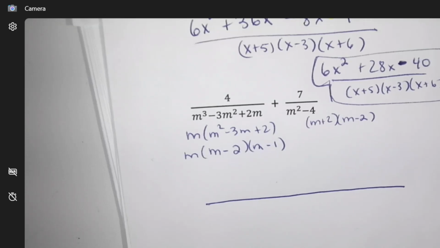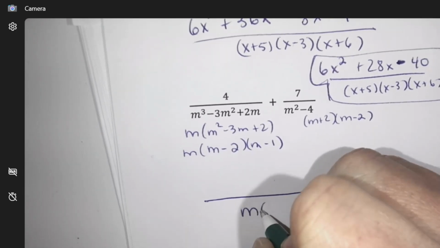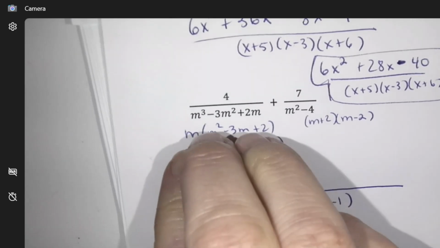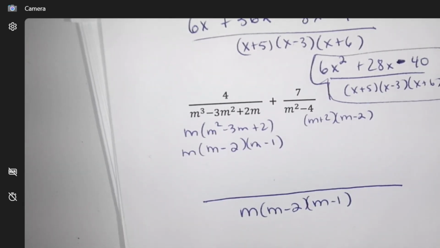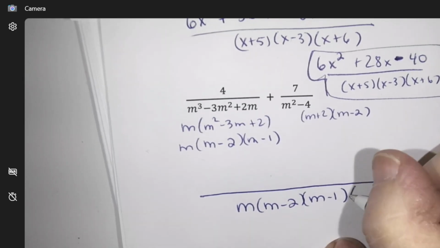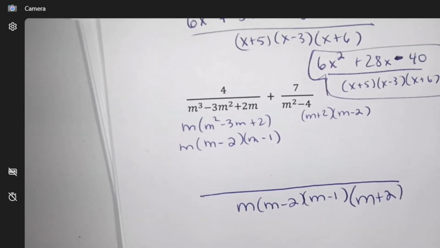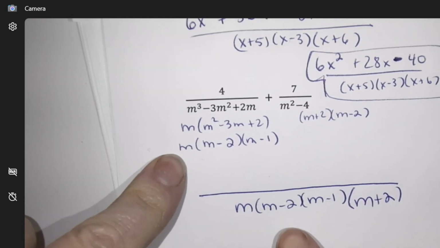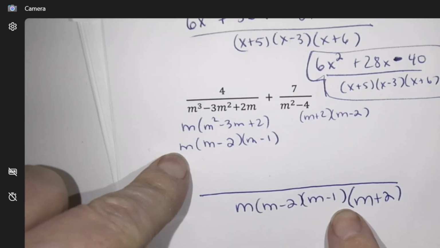Okay, now you need to decide what to put in your denominator so that everything can fit. So an m minus 2, an m minus 1. Obviously the first one fits. And then to make this next one fit, I also need an m plus 2. Okay, bottom, new bottom.